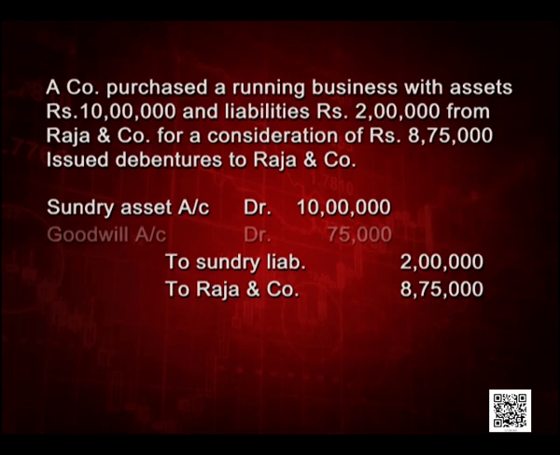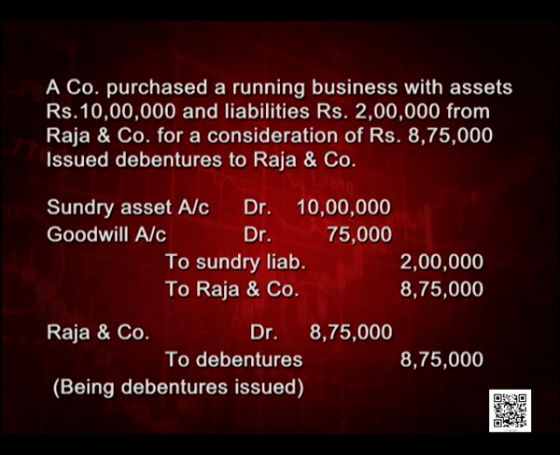Now, the difference 75,000 on the debit side will go to goodwill account, and that is the balancing figure. And when we issue debentures to them, the entry will be Raja and Company debit 8,75,000 to debentures 8,75,000 being debentures issued. Please remember, narrations are very important and you have to write them with all entries.